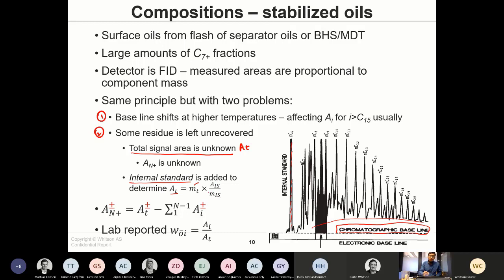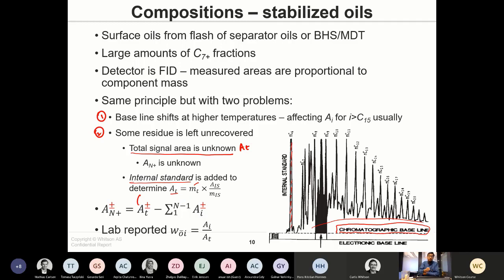Knowing this information, we can compute the total area. Once we have the estimate of the total area, we can calculate the area of the heaviest fraction, or the residue that's left in the chromatograph, which is simply back calculation. You know the total area, and then you can calculate the areas of all components until that residue, which could be your C35 component or C29 component.